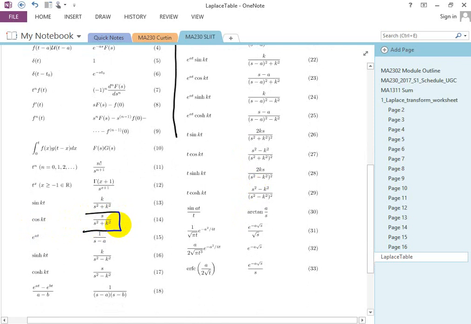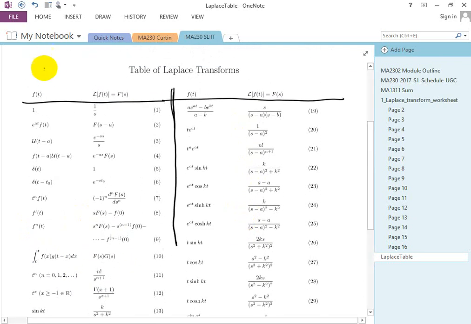So on this left hand side, this is the given function f, and this is your capital F, the Laplace transform. So when you want to find the Laplace transform of some function f, you look at the function, and the Laplace transform is on the right hand side. If you want to find the inverse Laplace transform, these functions are in terms of s, so that's the Laplace transform. You may not always find exactly the function given to you.